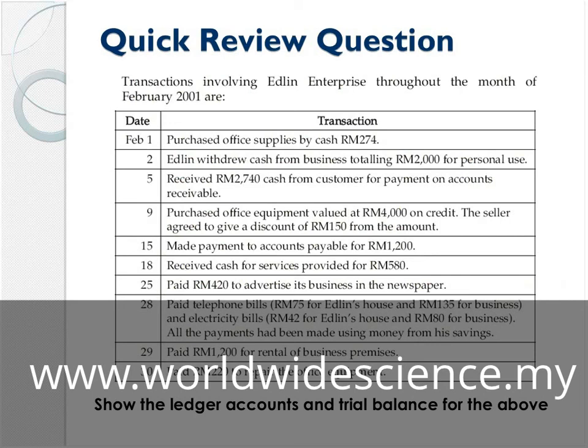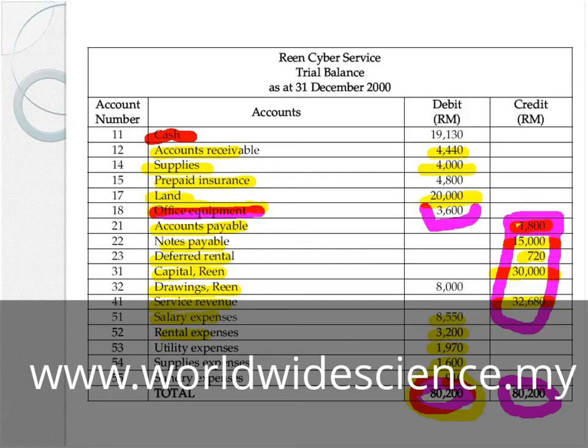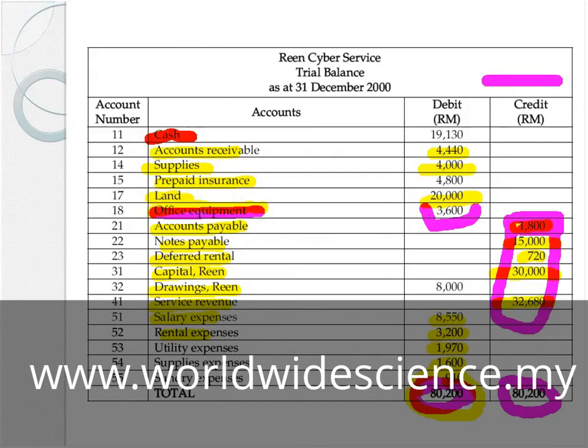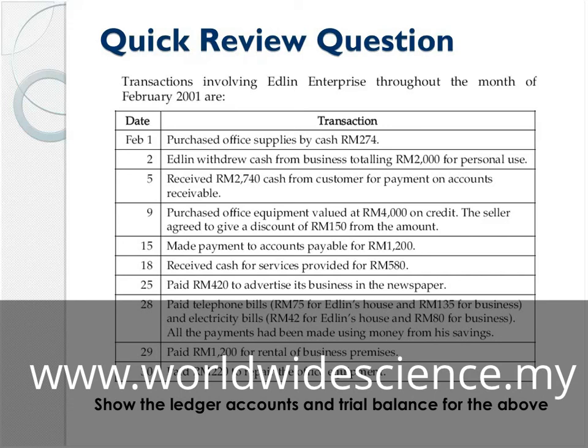This is your homework. You must show how these transactions go on the trial balance, like this example. So take these transactions and put them on this trial balance. This is your homework for the quick review question. And on the next session, we will check the answers.